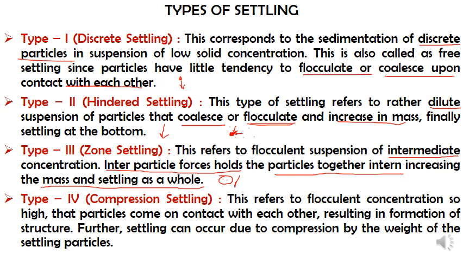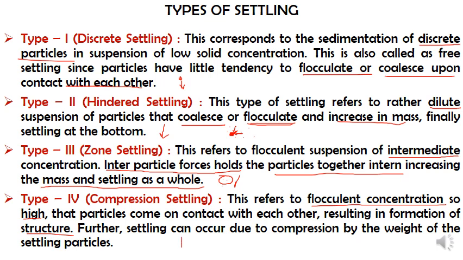Now the last one is compression settling. This refers to a high flocculent concentration, where the particles come in contact with each other, resulting in the formation of a structure. Further settling can be due to the compression from the weight of the settling particles.